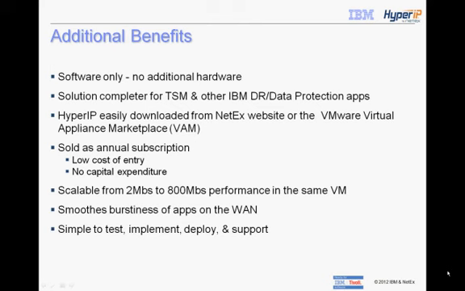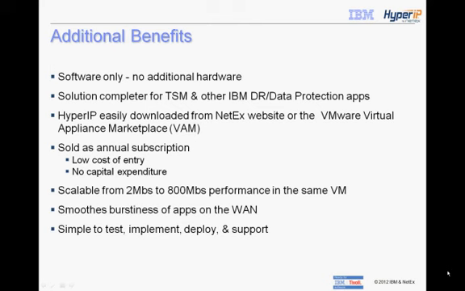So what we've done is we basically set this up to be easily downloaded from our website or from the VMware Virtual Appliance Marketplace. You can request an evaluation for 30 days, and you can try HyperIP for whatever applications you're trying to accelerate. And what's nice is HyperIP is an OpEx expenditure. It allows you to purchase a HyperIP annual subscription that's renewed every year.